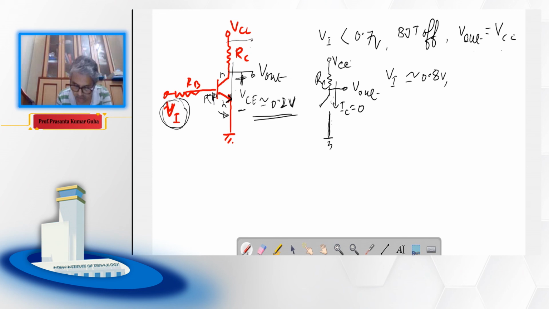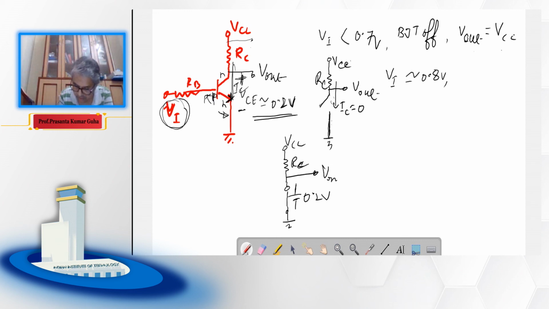So there will be lots of current, lots of IC, and we can draw this circuit in this fashion where the switch is as if on, only there is a voltage drop of 0.2 volt. The rest of the voltage will be across RC, that is VCC minus 0.2. If VCC is 5 volt, then RC will have 4.8 volt across it.